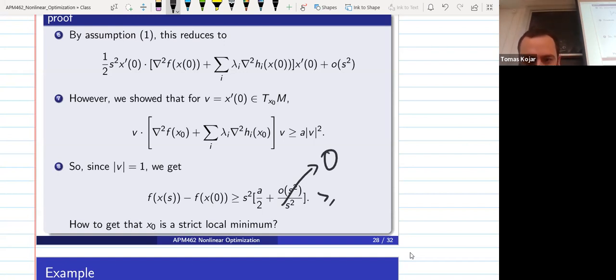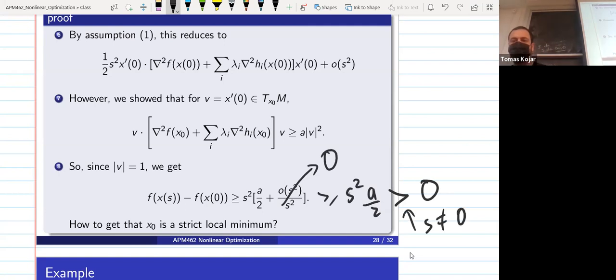So you basically get, yeah, this is correct, S squared A over 2, which is strictly positive, as long as S is not 0. All right, of course, if S is 0, they're equal. Does that make any sense? Is that okay?